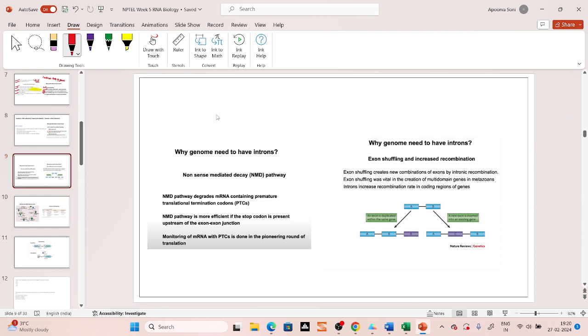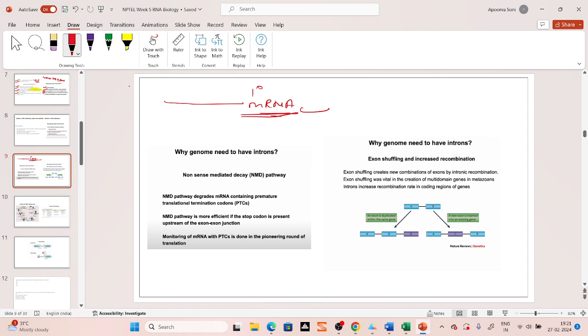Basically, the nonsense mediated decay pathway degrades the mRNA which has premature translational termination codons. So if this is your mRNA, it is a primary transcript. It is not completely mature.